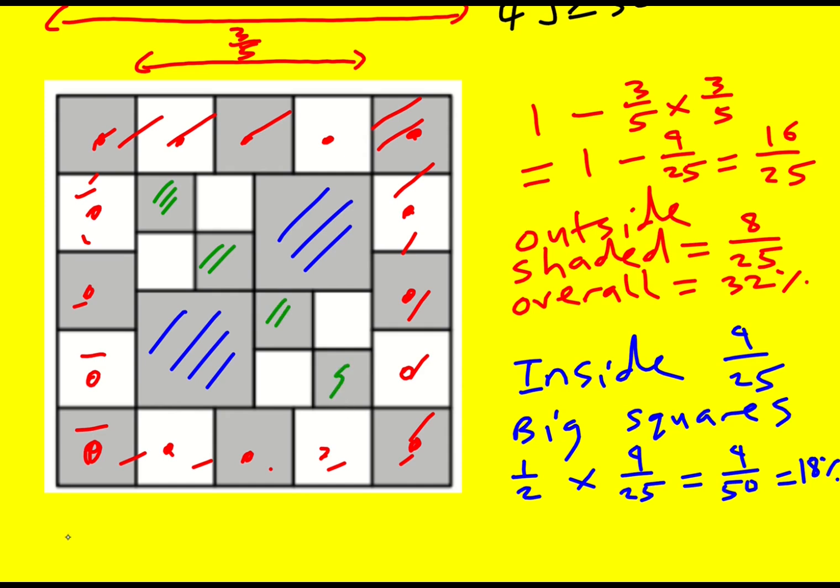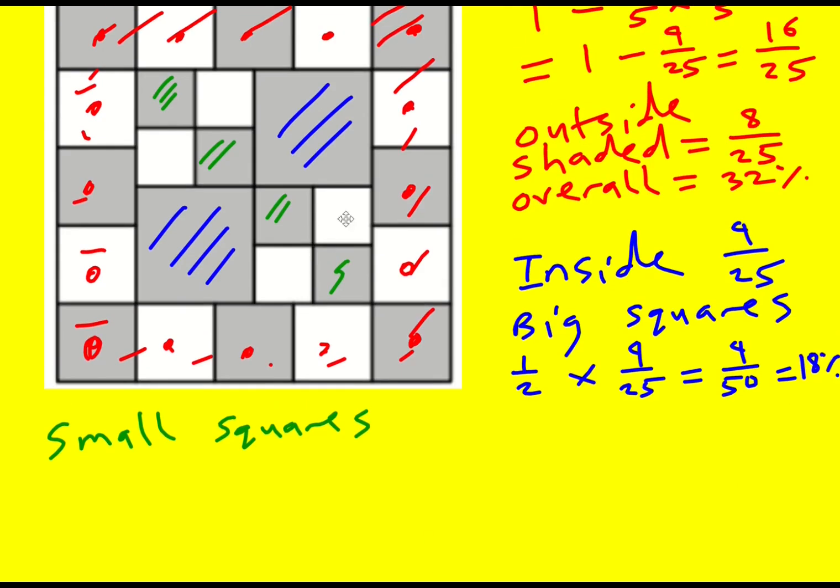So the small squares, well, we're left with a half of this 9 over 25 here and here, and then half of that is the small squares. So it's actually going to be a half of this 9 over 50, or equivalently a quarter of the 9 over 25. So I'll just do a half of the 9 over 50, which will give me 9 over 100, or 9%.